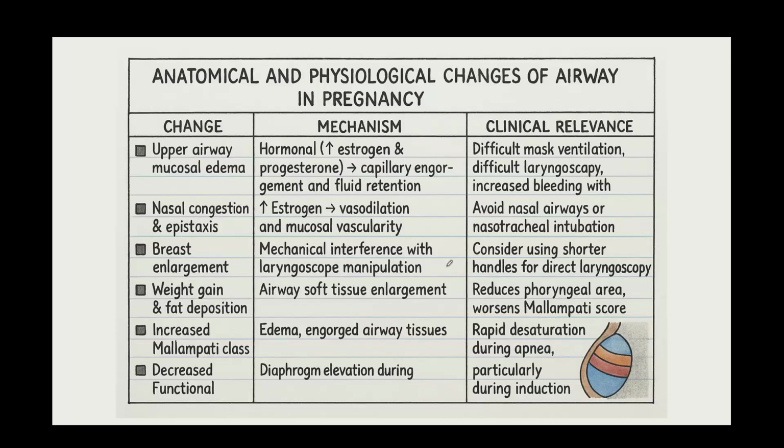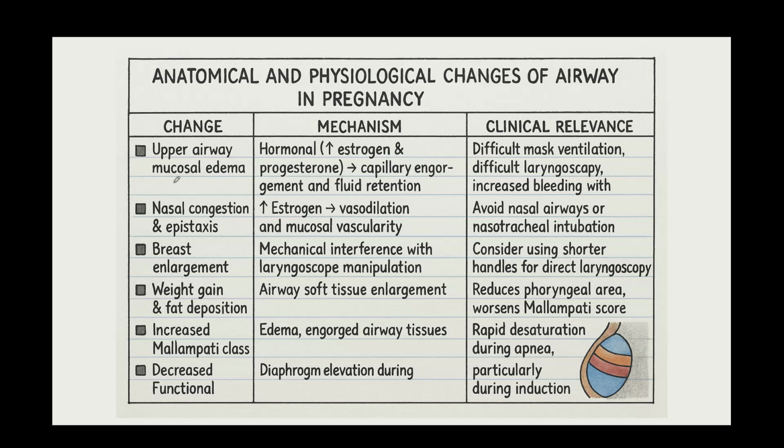Anatomical and physiological changes of the airways in pregnancy. The upper airways become edematous, especially the mucosa, due to the hormonal effect of estrogen and progesterone, which leads to capillary engorgement and fluid retention.